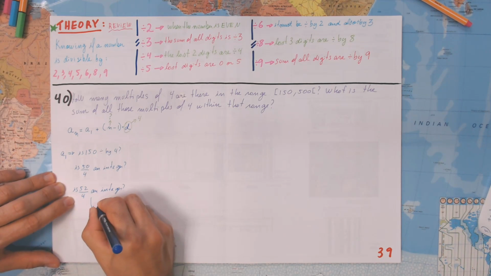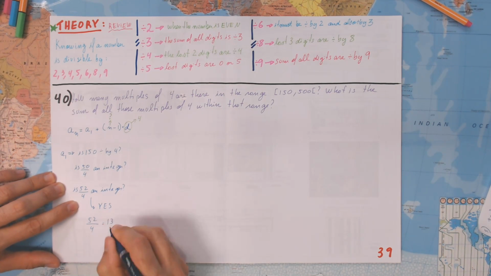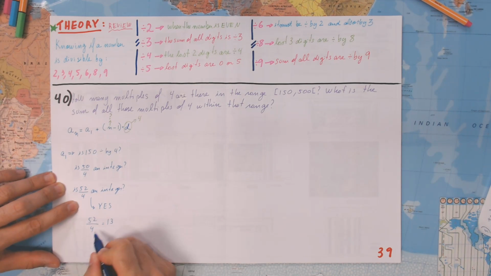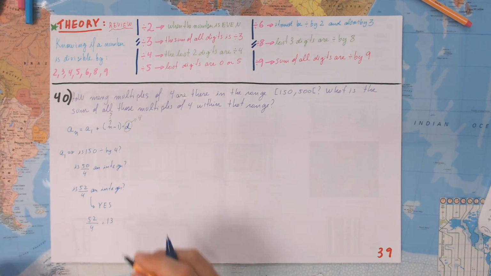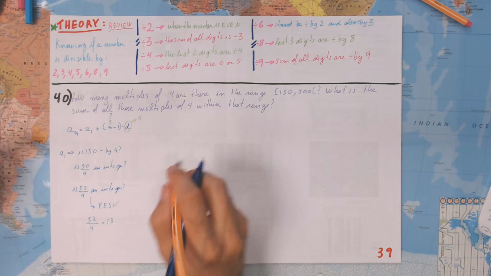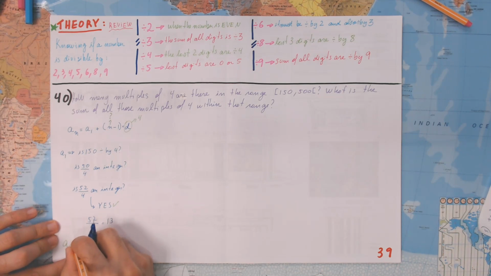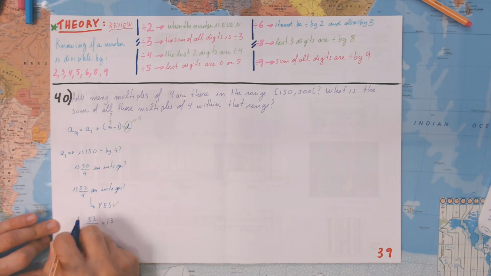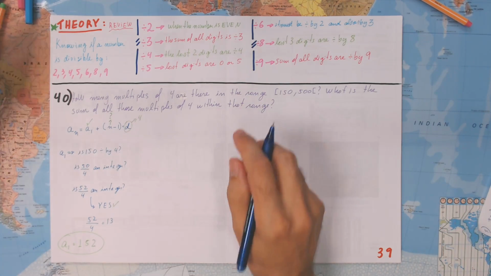So the answer to this is yes, because 52 divided by 4 is just 13. 3 times 4 is 12, goes 1, 4 with 1, 5. Okay, yes, so it does the job. 52 works. So the number we want is this one. So A1 is going to be 152. Okay, so we already know A1. Good. Now let's try to find AN.